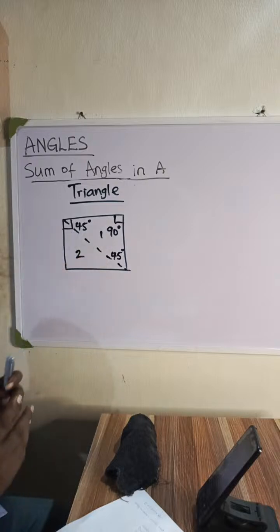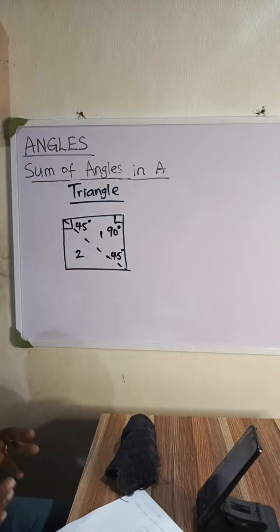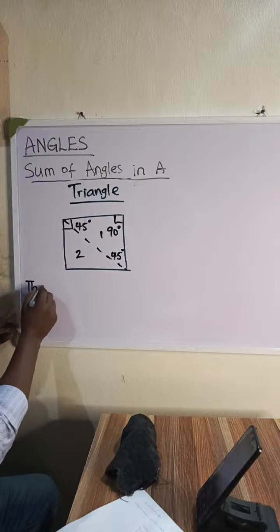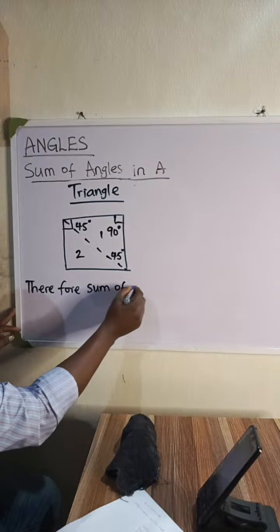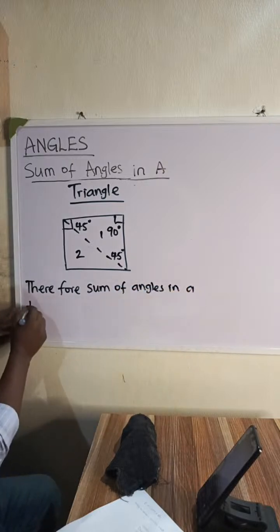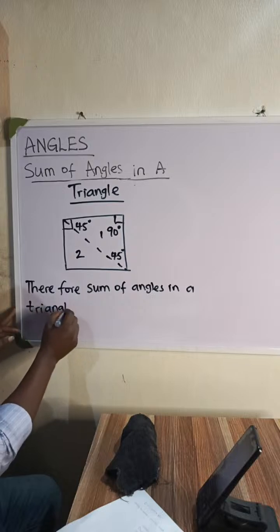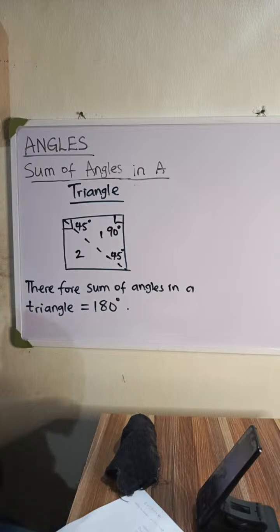When you add them, you get 180 degrees. Therefore, the sum of angles in a triangle equals 180 degrees.